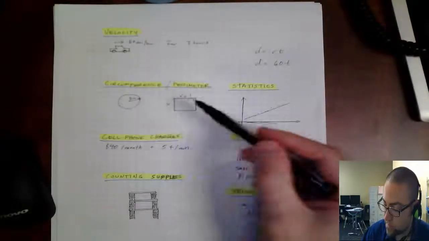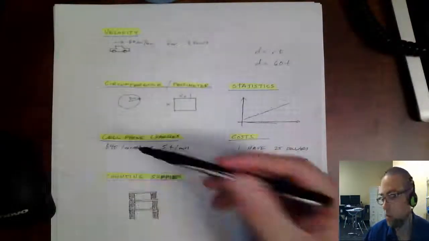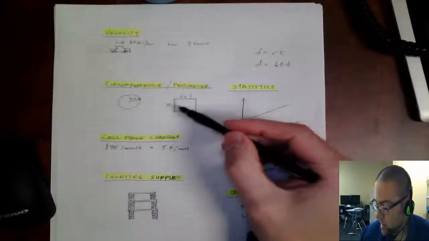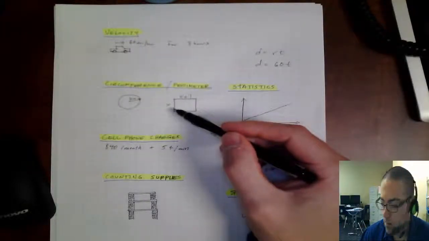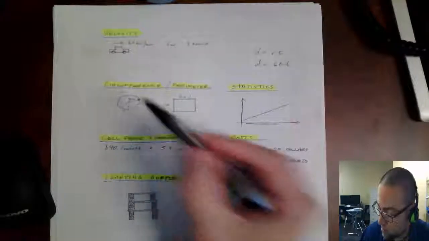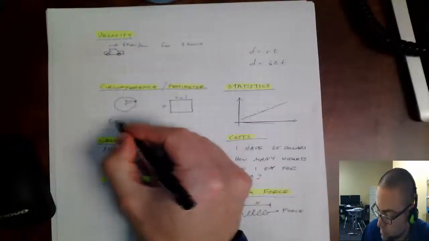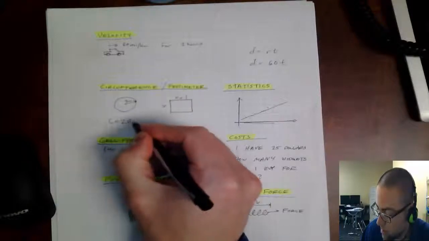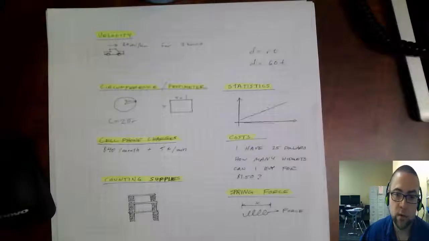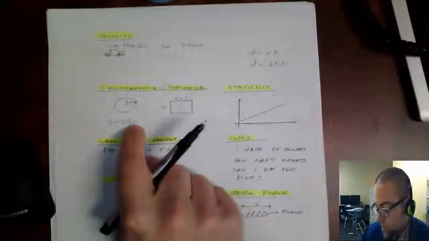Also, we have circumference and perimeter. Anytime we do a one-dimensional measure, that will come out into a linear type function. If I wanted to measure the circumference of a circle, maybe you remember the circumference is 2 pi r. If I wanted to look at a one inch radius, I put in 1 for r.